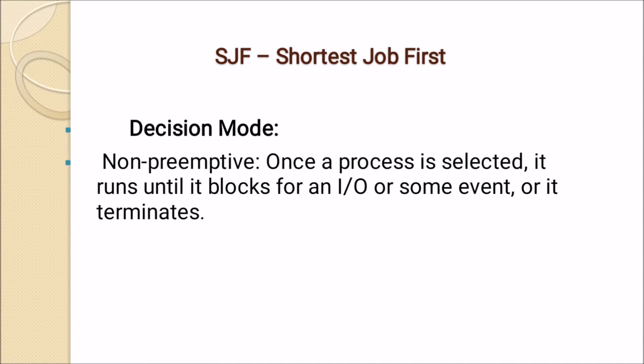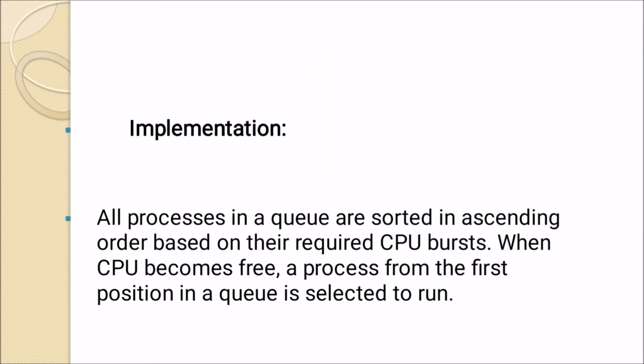It means once a process is selected, it runs until it blocks for an IO or some event, or it terminates. Now, implementation. How can we implement it? All processes in a queue are sorted in ascending order based on their required CPU burst. When the CPU becomes free, a process from the first position in the queue is selected to run.